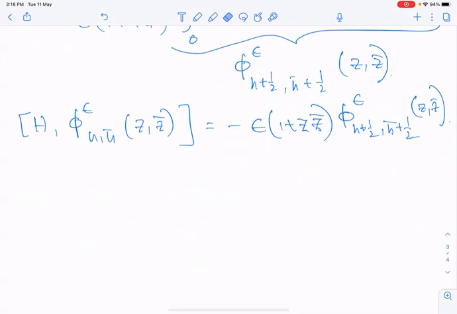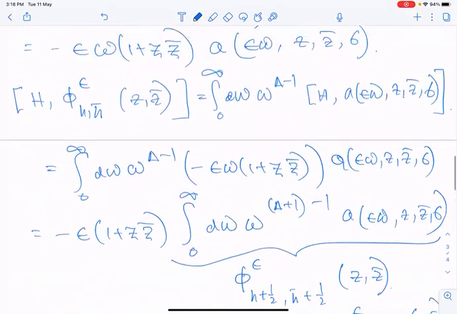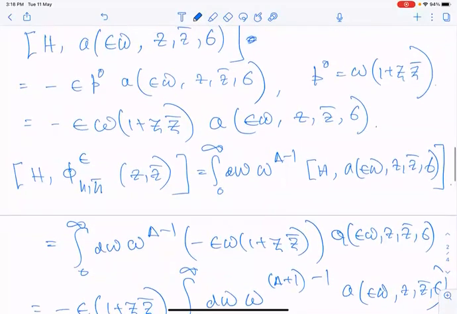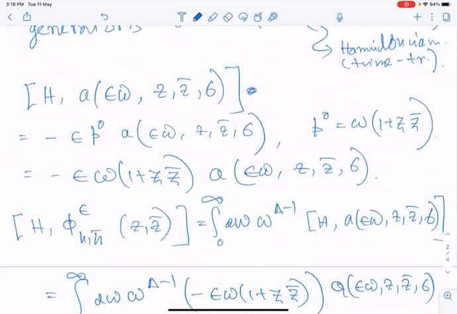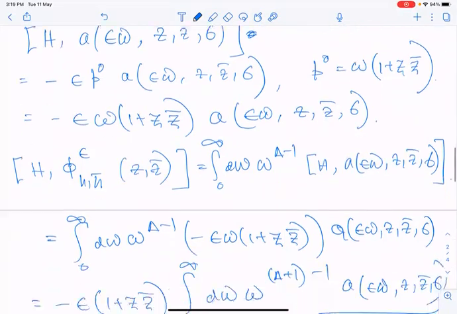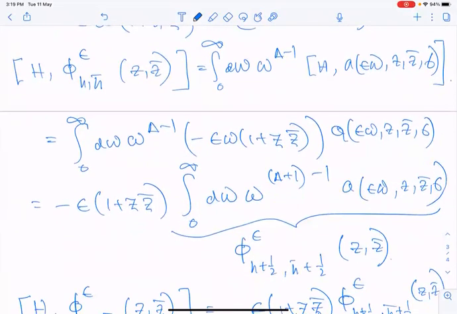Sorry, Shamik, you made a comment that the spin does not shift. Where does that follow from? Yeah, so this is essential. You can see that this is just multiplication by this omega, this scale factor, which is this epsilon omega into 1 plus z z bar. Sigma does not do anything, it does not have spin. So this remains unchanged.